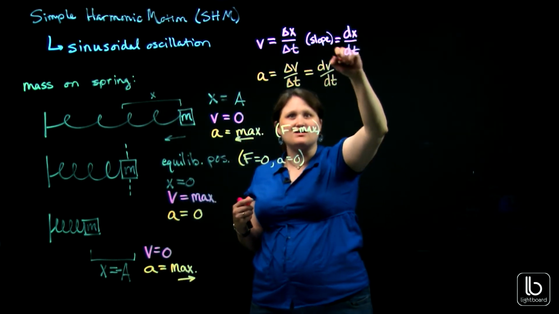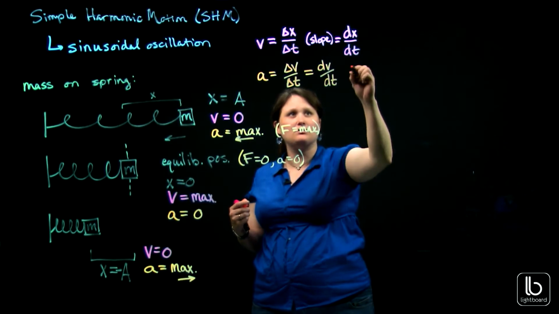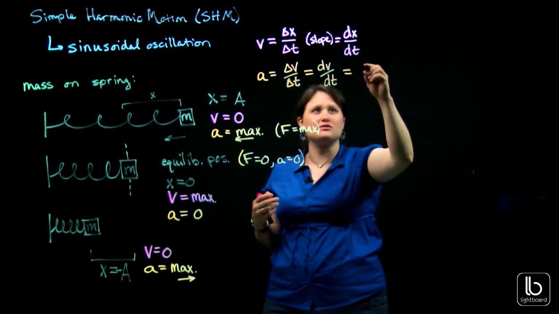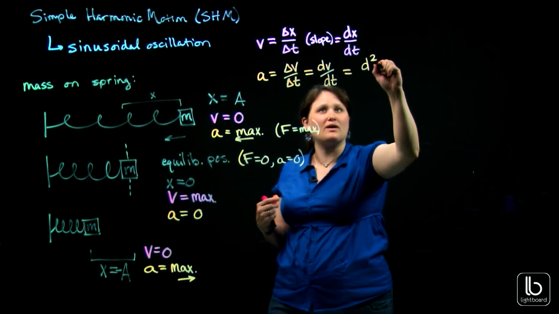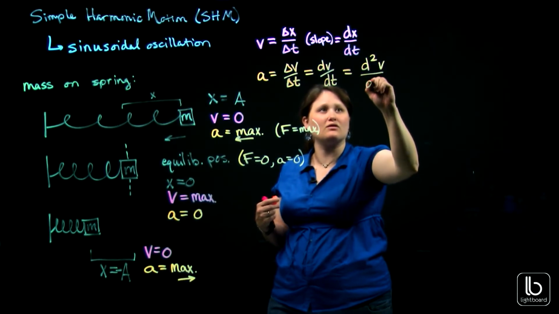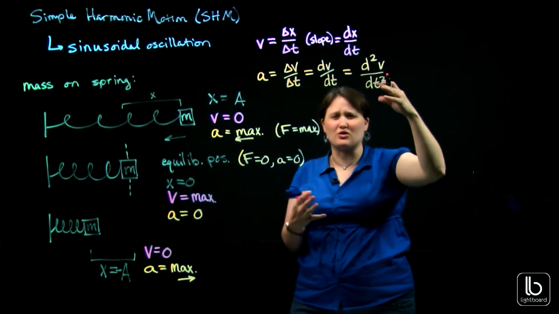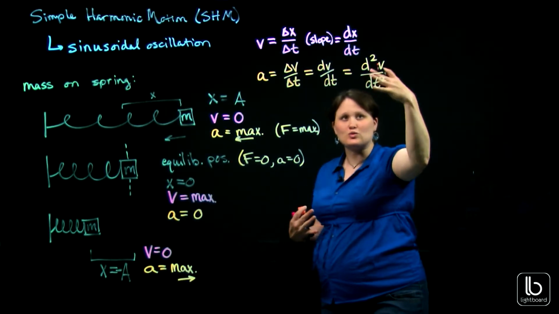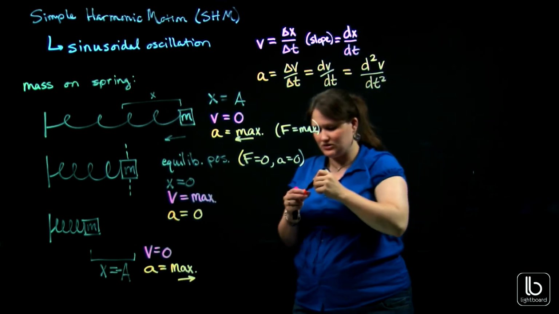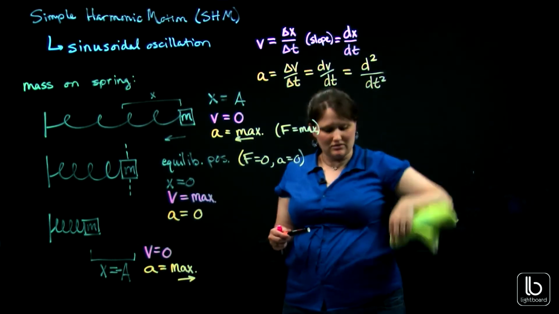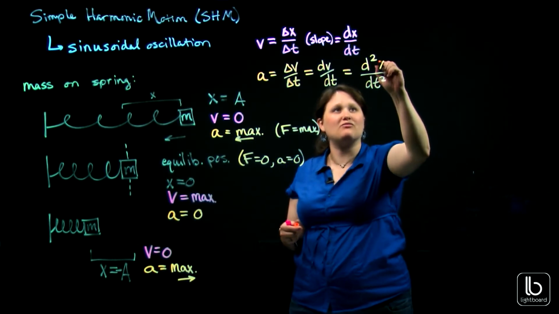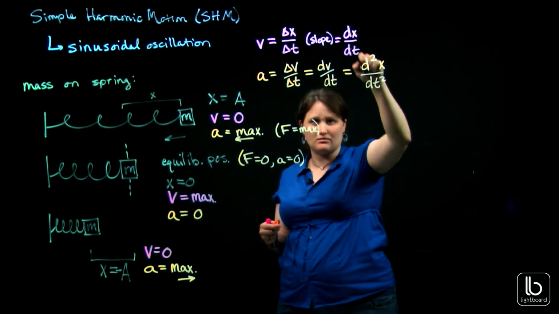But because we know that this is equal to velocity, in calculus we can also say that d squared v over dt squared, in other words, we're looking at the second derivative of, that would be not velocity, we're looking at the second derivative of position with respect to time.